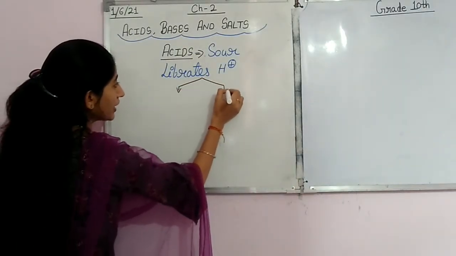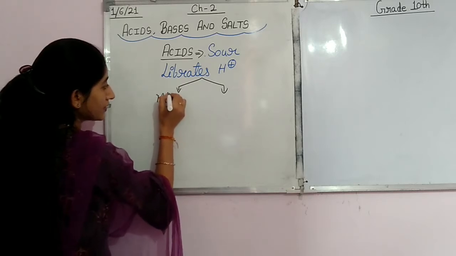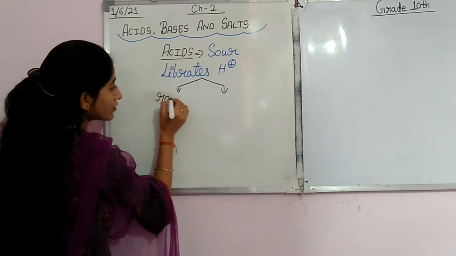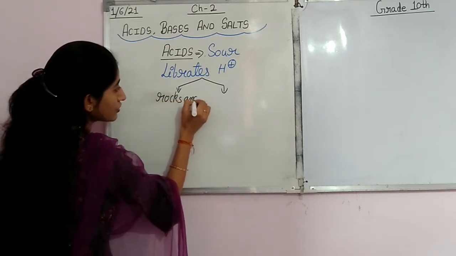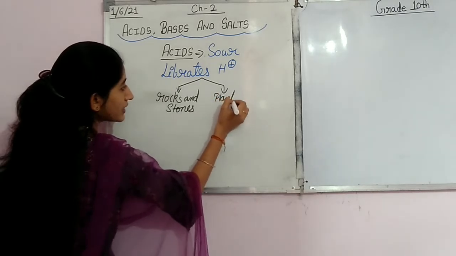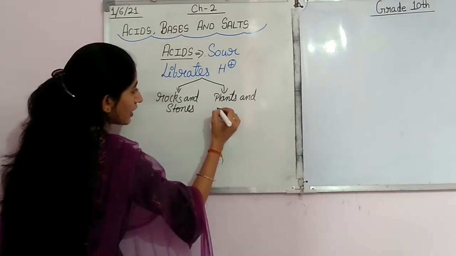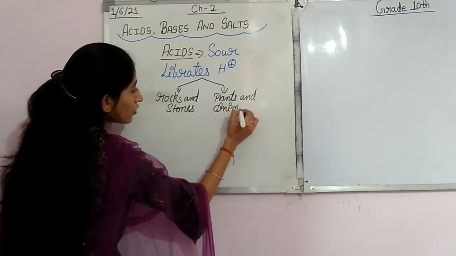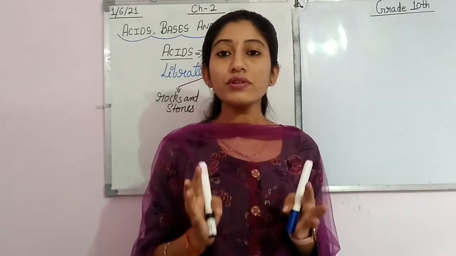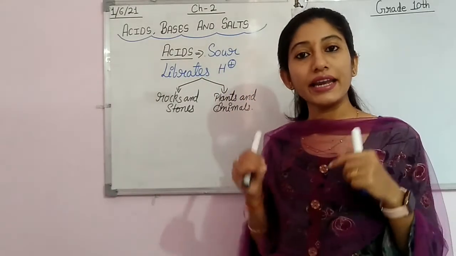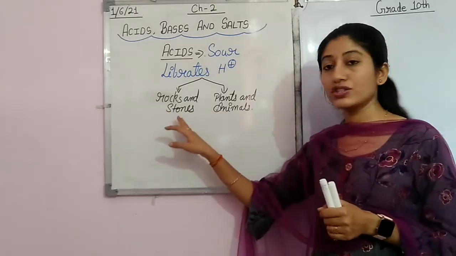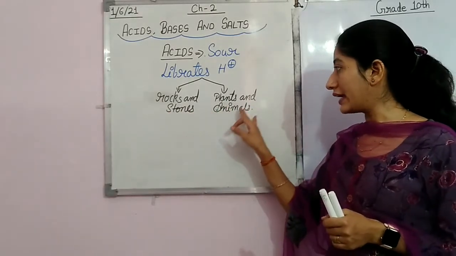Either we get them from the minerals, means either we get them from the rocks and stones, or either we get them from the plants and animals. So most acids are the natural acids, and in nature we get acids from the two sources, either from the rocks and stones or from the plants and animals.